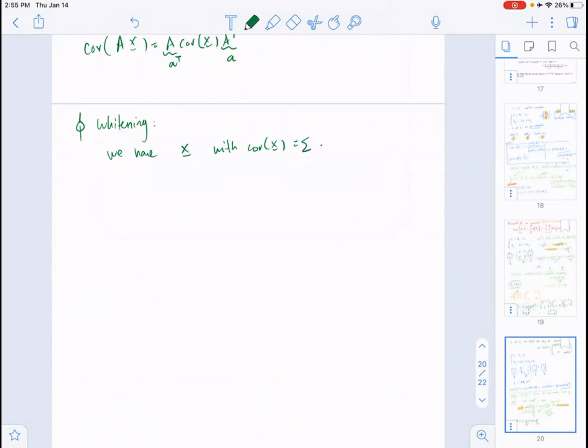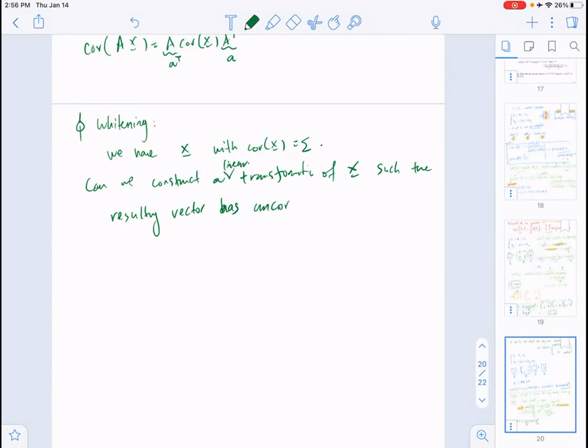Can we construct a linear transformation of X such that the resulting vector has uncorrelated components?